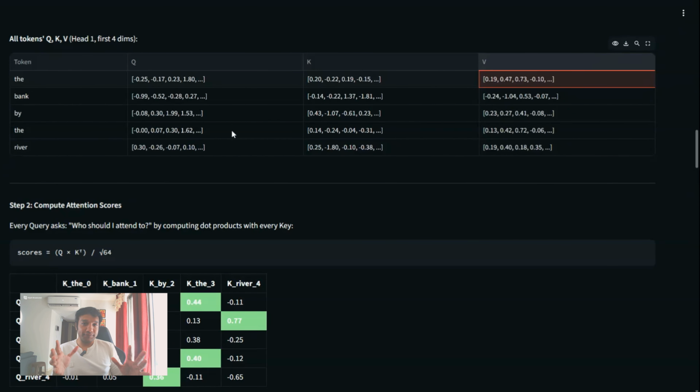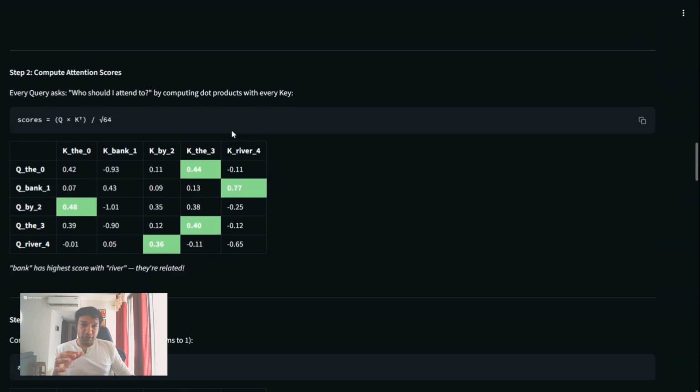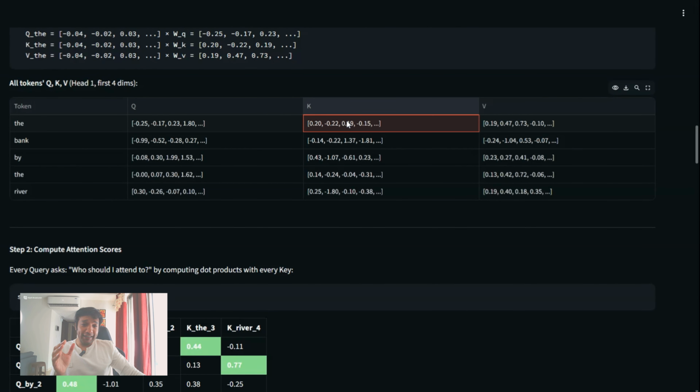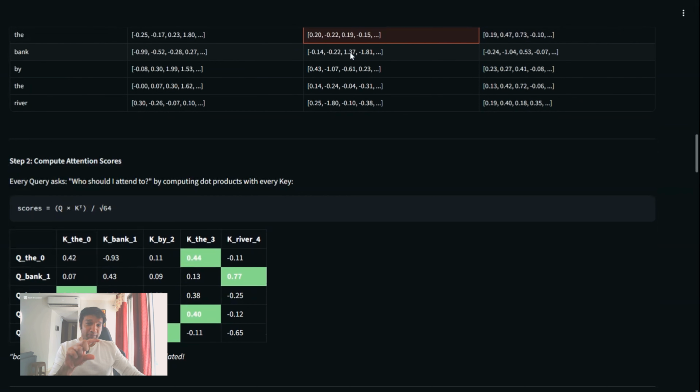That is step one. Step two, we now use these vectors to calculate attention scores. Attention scores are nothing but the token asking, who should I attend to the most? For this, we just do Q into a transpose of K, which is basically making the vector vertical so that it gives you a proper dimension, divided by root 64.